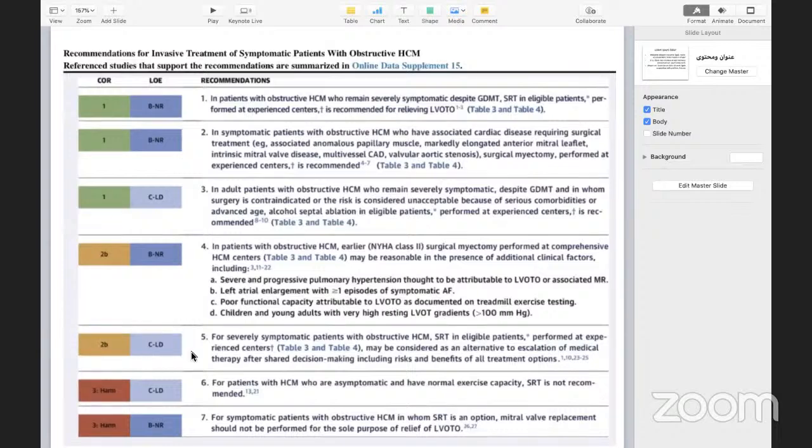As we have mentioned, if we have severe progressive pulmonary hypertension attributed to LVOT obstruction, left atrial enlargement with episodes of atrial fib, poor functional capacity, and children and young adults with very high resting LVOT gradients. So these are some criteria that necessitate surgical myectomy in comprehensive centers, after discussion with the team, of course.